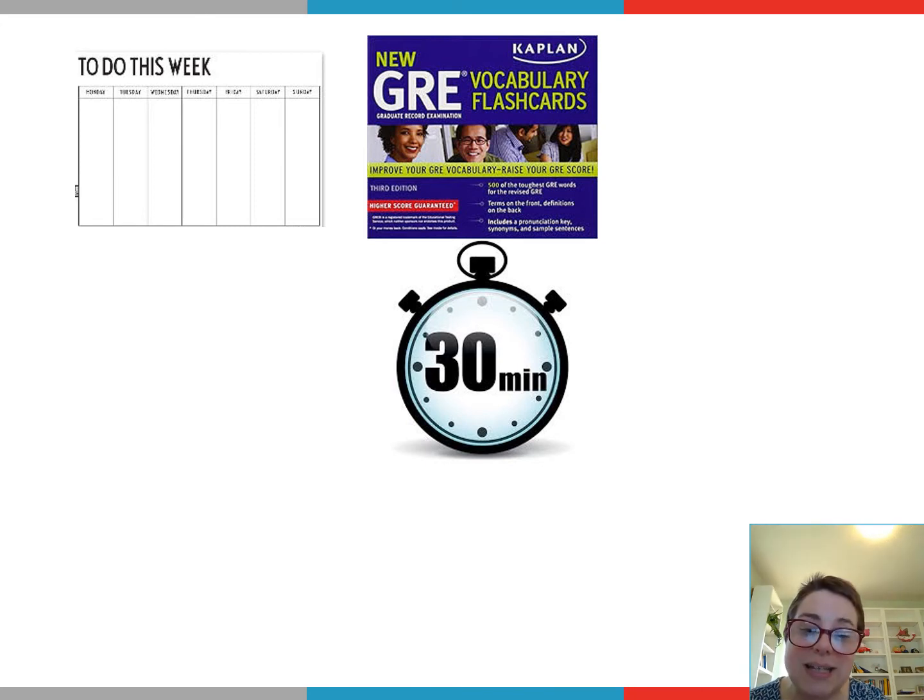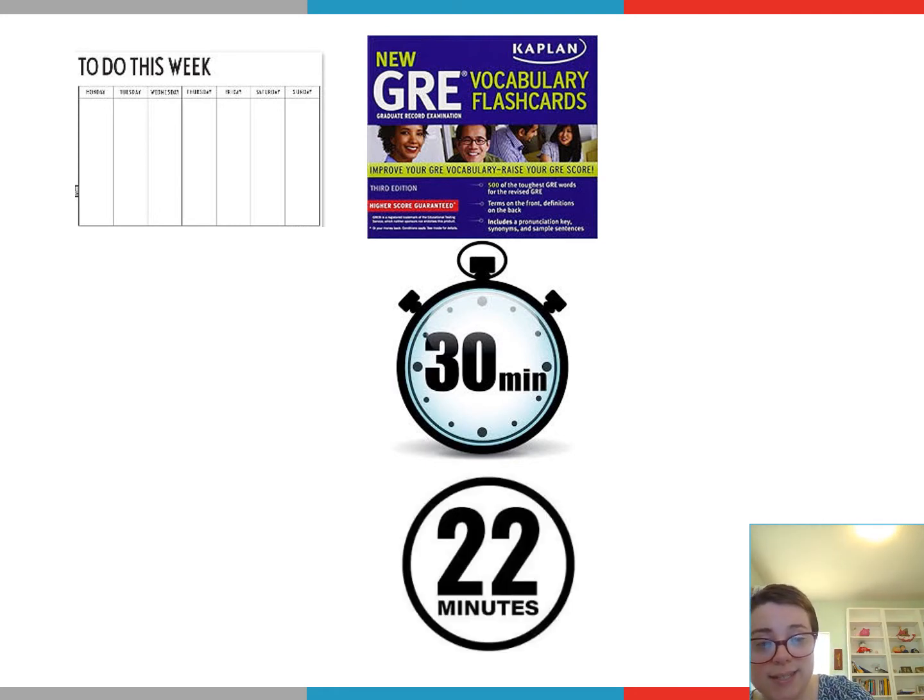Well, let's suppose you decide to do the same thing on Tuesday night. So you take the same pack of flashcards that you had before, and this time it only takes you 22 minutes to go through them and to be able to recite all of the definitions correctly.